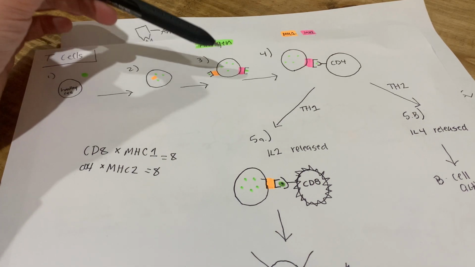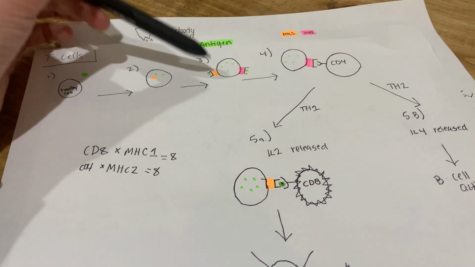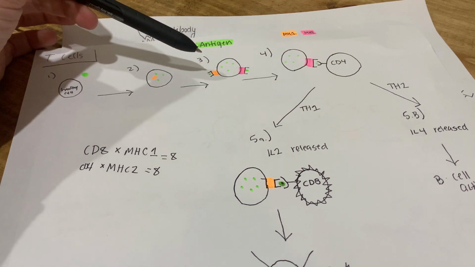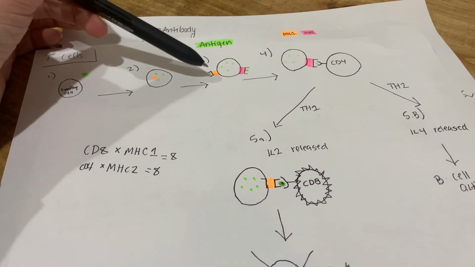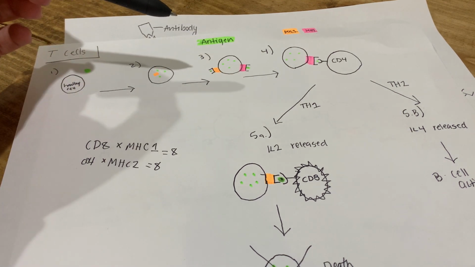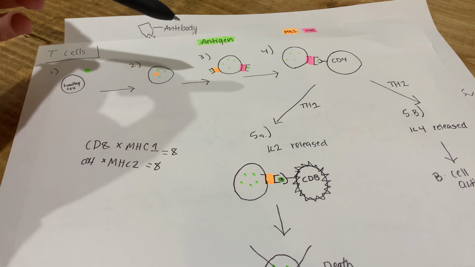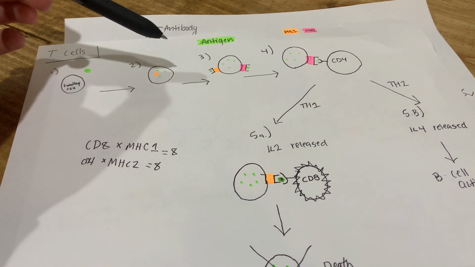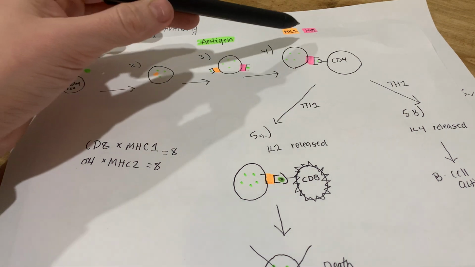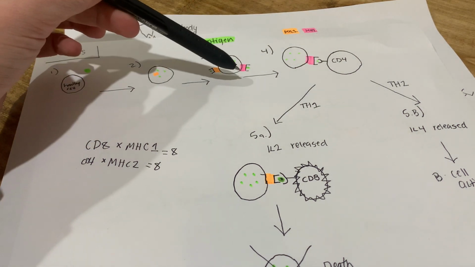And then every single cell that has a nucleus has an MHC1 receptor. Every single cell has an MHC1 receptor, every single one. Only cells that are able to eat other cells like macrophages, dendritic cells, and B cells will have the MHC2 receptor.